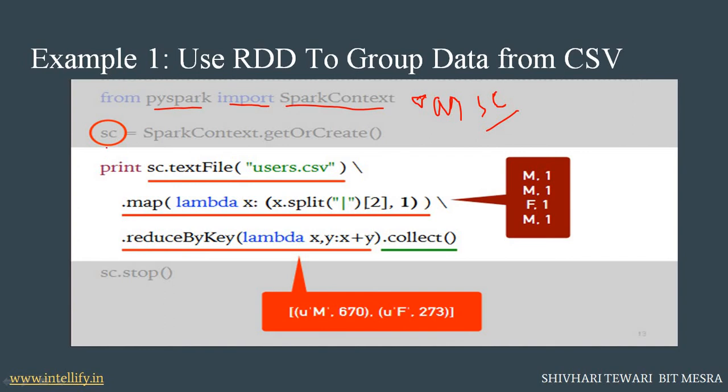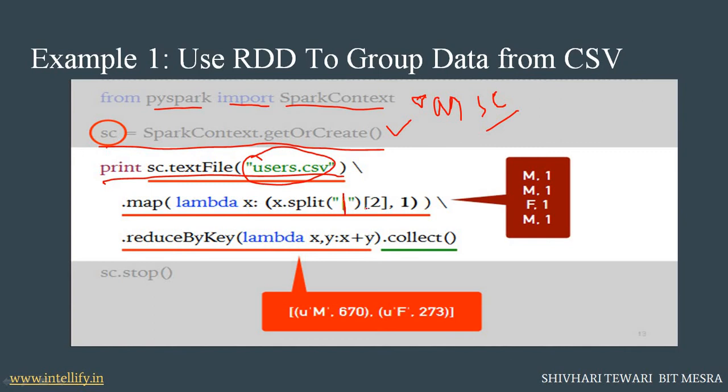Then we use the other code, sc equals SparkContext.getOrCreate. Here we want to get the data from an existing file, or create a new RDD. Then sc.textFile, which is like the read.csv command in Python, and here it is the CSV file that the user wants to retrieve from existing storage. Then map with lambda x, x.split.